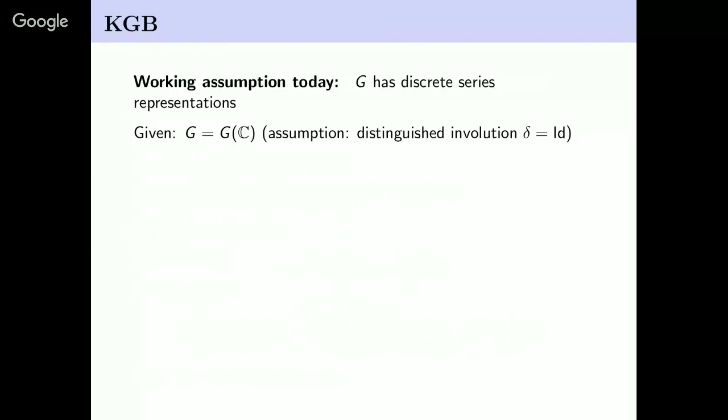So all of this business about the twisting of the group goes away in this case, and everything I say for the rest of today is based on that simplifying assumption. At some point we'll come back and put the twist back into it. But when you're talking about discrete series, there is no twist.